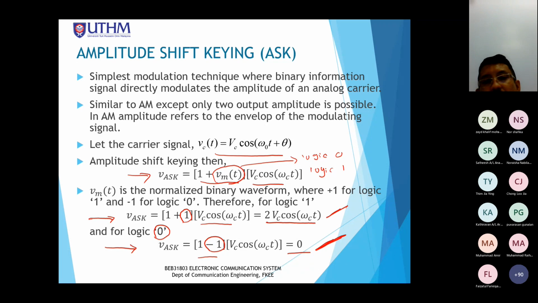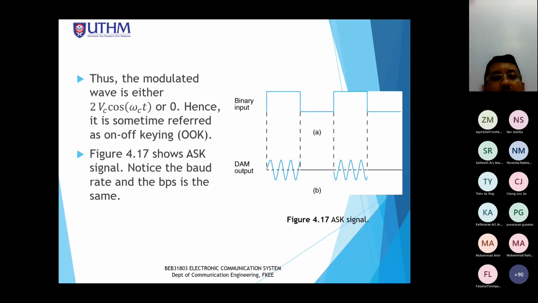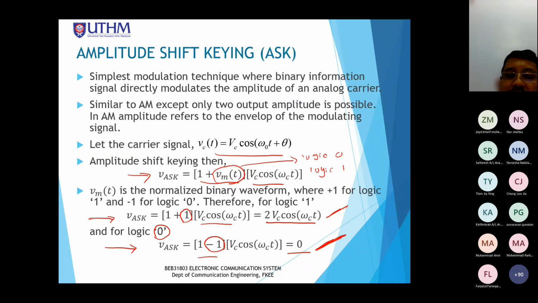So you see that if the input is logic 1, we have an output signal. If the input is logic 0, no output signal, as if it is switched off.